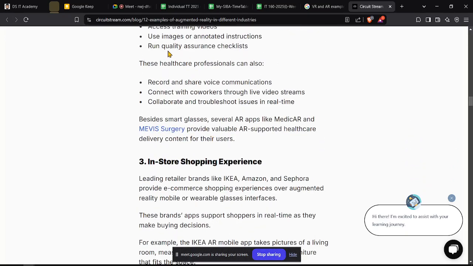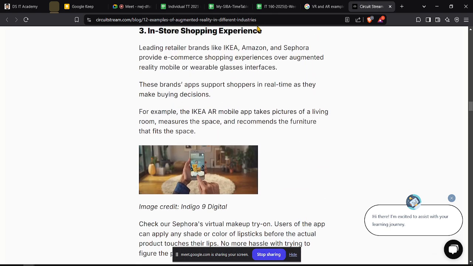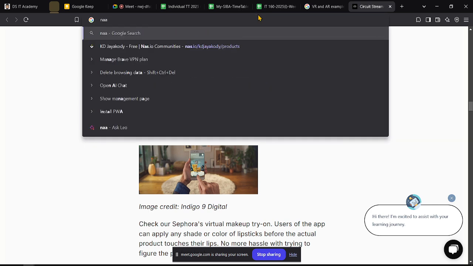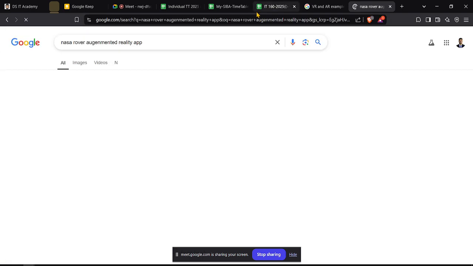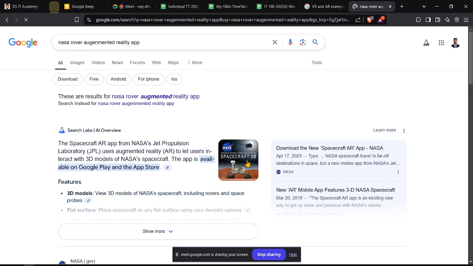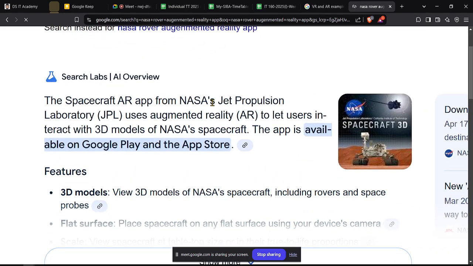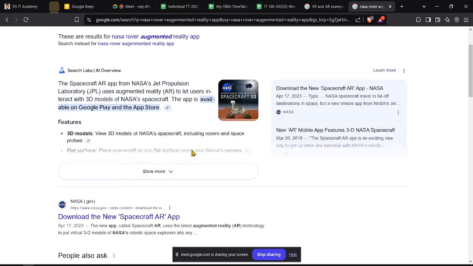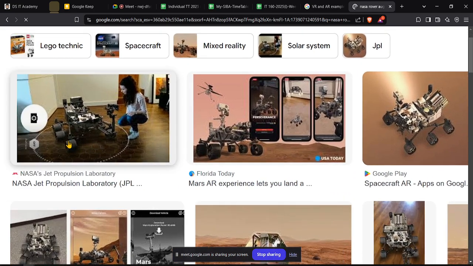And there's a mobile app from NASA, the NASA rover augmented reality app. This one, Spacecraft 3D, right? You can download it. Spacecraft AR app from NASA. It's very cool, and there are some videos on YouTube also showing it.